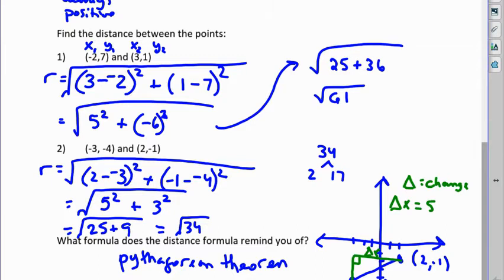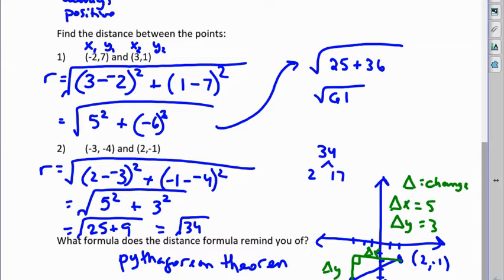And then on the vertical, we have our change in y. And what was our change in y? It was going from a -4 to a -1. So it was a change of 3. And so basically we had 3 squared plus 5 squared equals c squared. But in this case, just the positive. So that's the distance formula, but it's really the Pythagorean theorem.